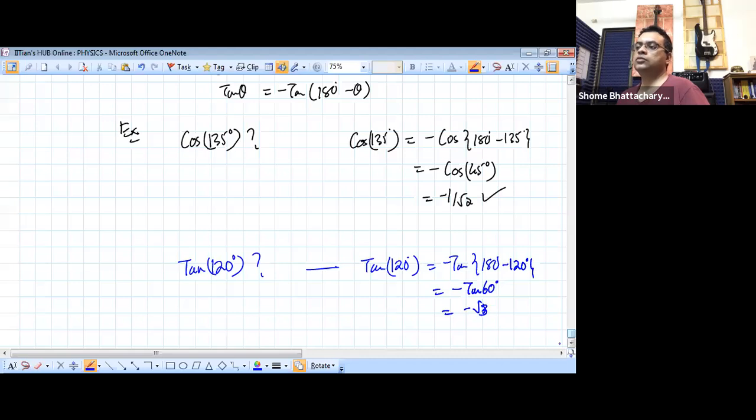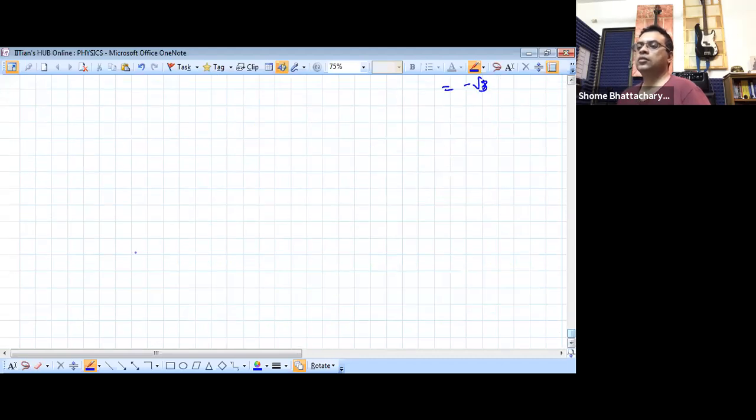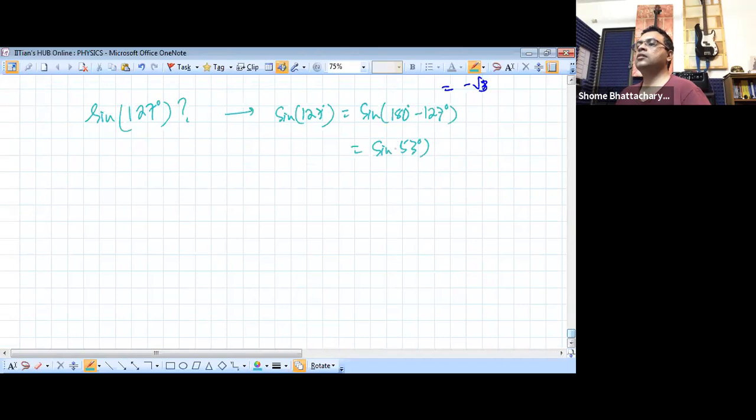Similarly, if I ask you what is sine of 127 degrees. Sine 127 will be equal to sine of 180 minus 127. So that is sine 53 degrees. It is 4 by 5.